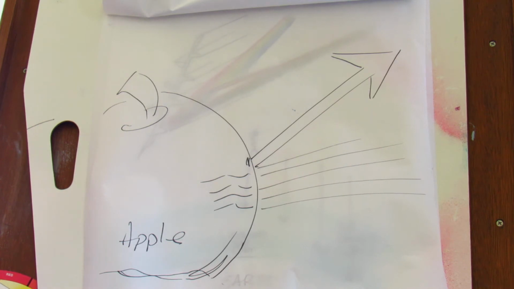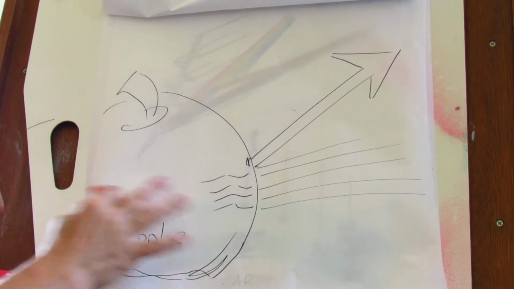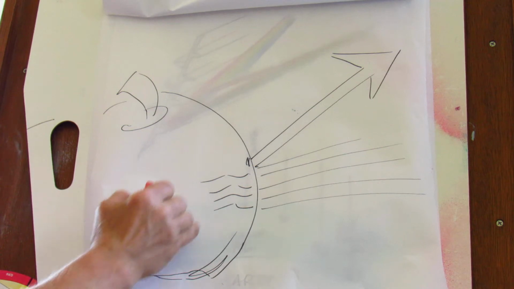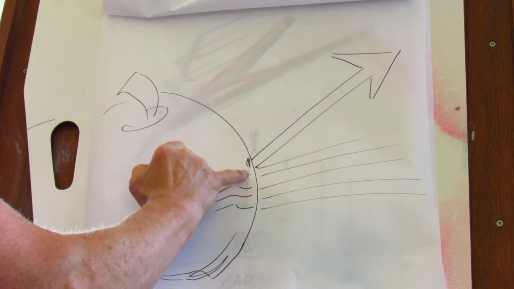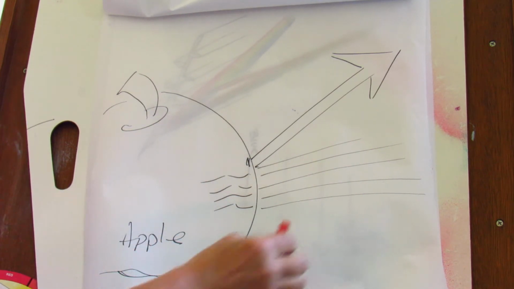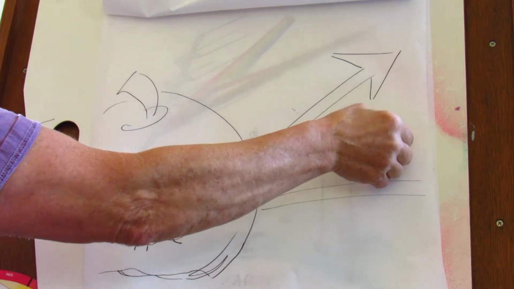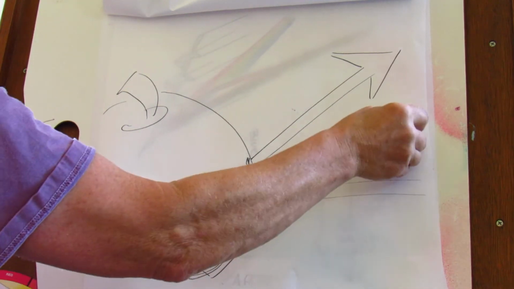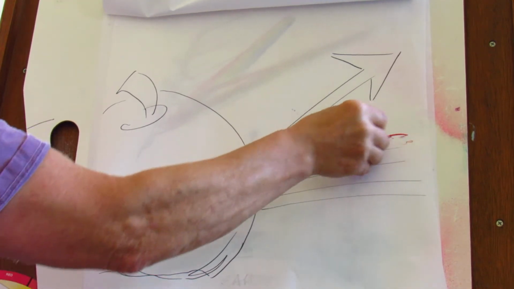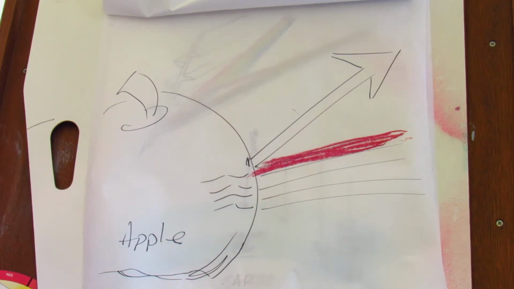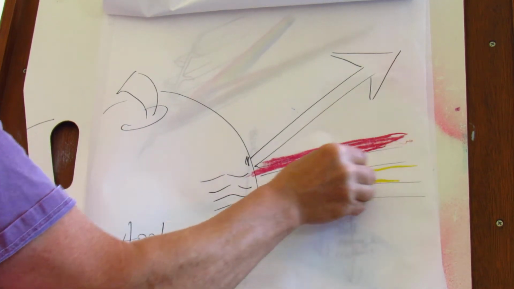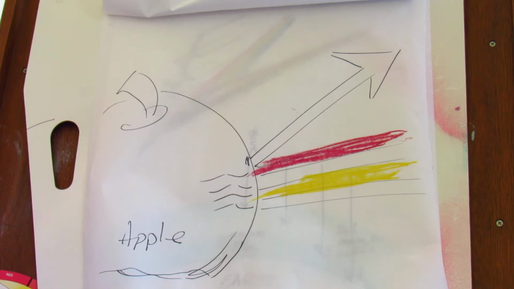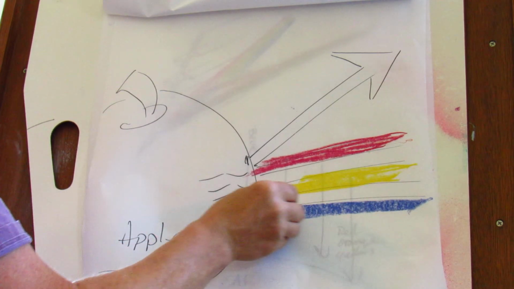One other way that light can be separated or broken apart is through chemical compounds called pigments. So let's say we have our red coming in. We have our yellow down here. We have our blue down here.